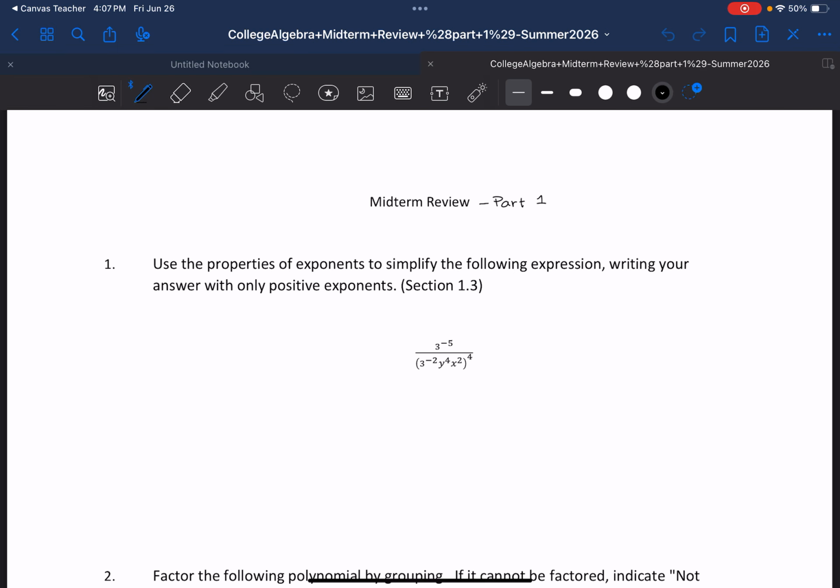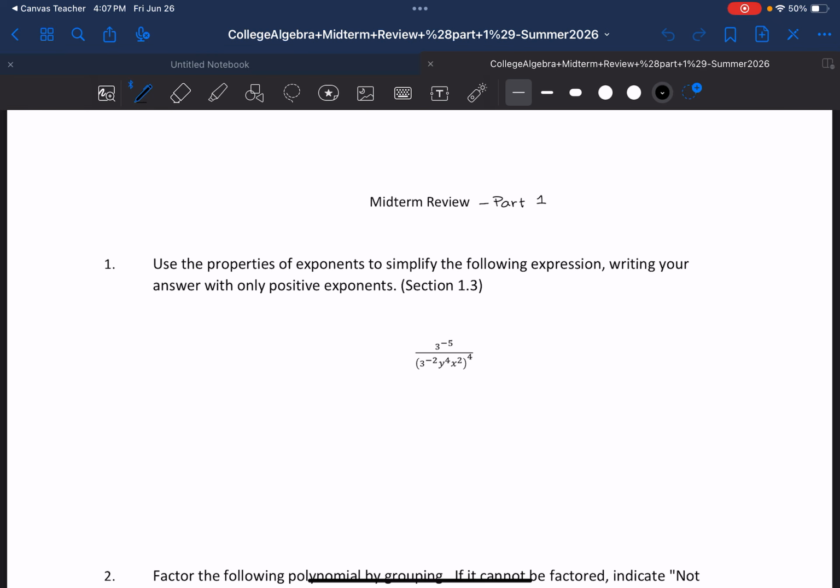So make sure you get that done as soon as possible. You need to take the exam by July 13th, and it opens up next week on the 29th. So you have about 2 weeks time frame to take it, starting on the 29th.